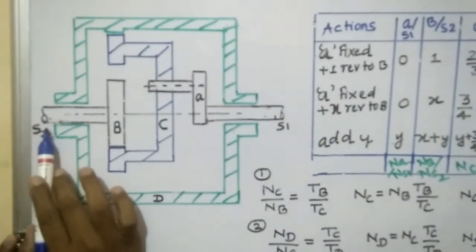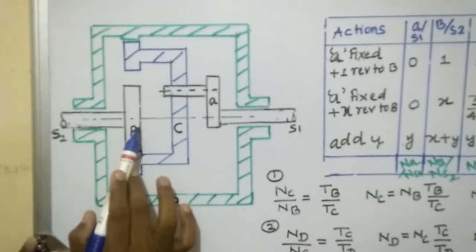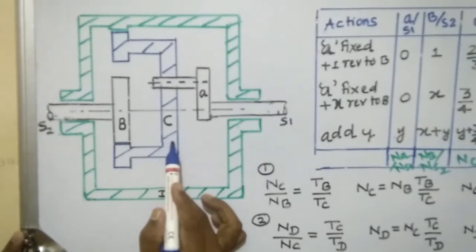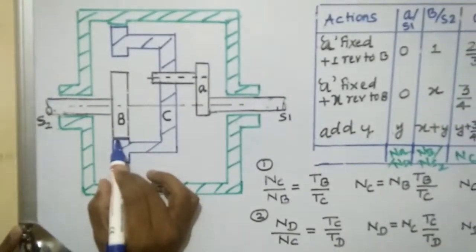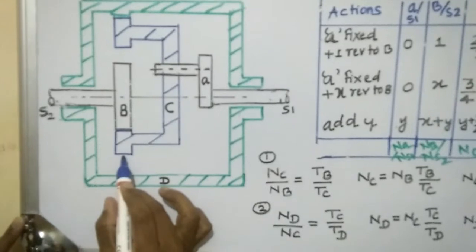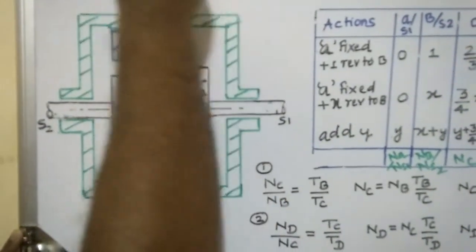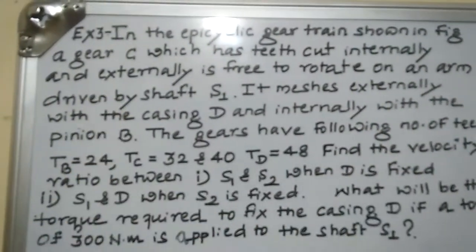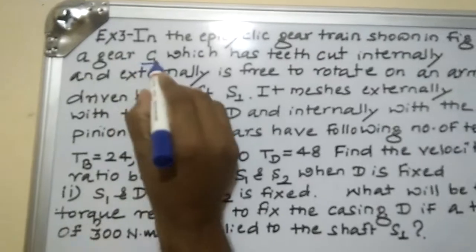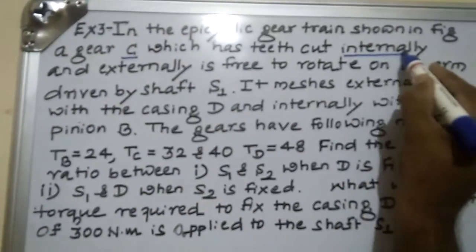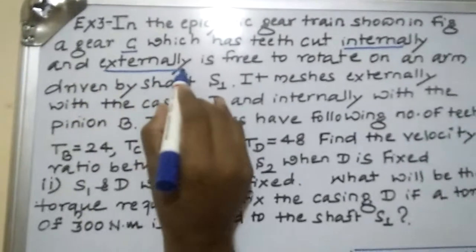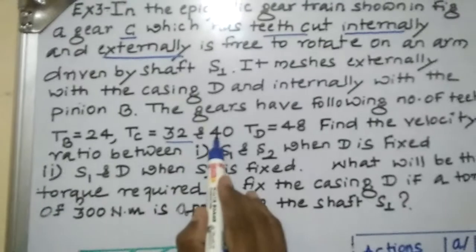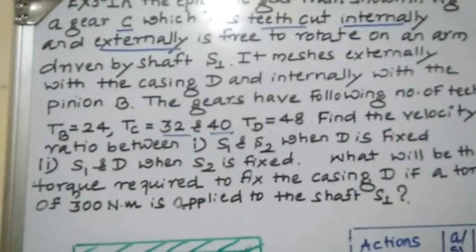S2 is connected to the shaft, that is gear B. Gear B is connected to gear C. Gear C has internal teeth and, at the same time, external teeth. The gear C has teeth cut internally and externally. Internal teeth is 32, external teeth is 40. They are given in this way.